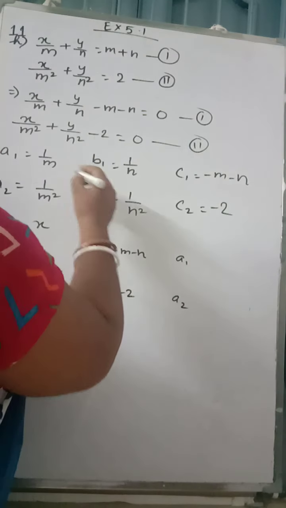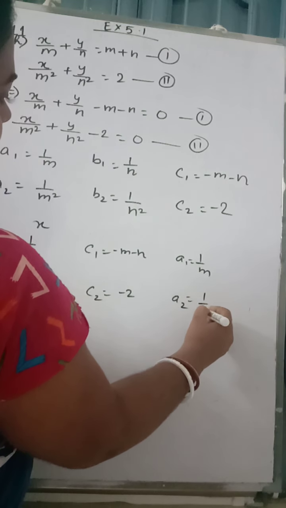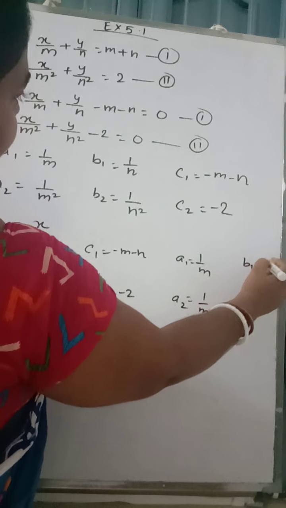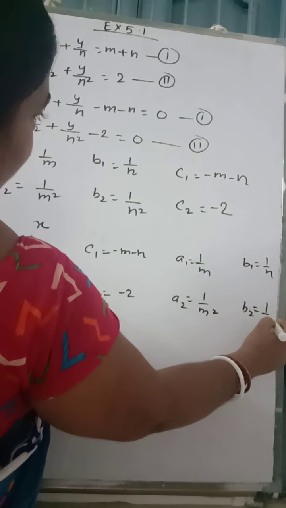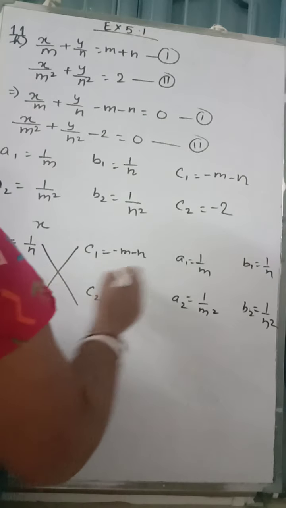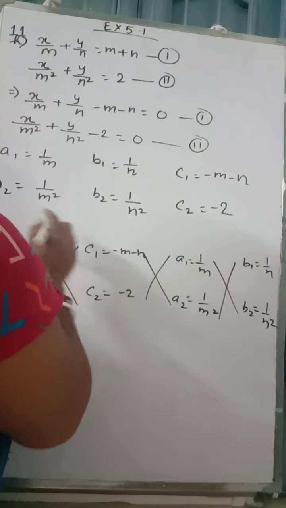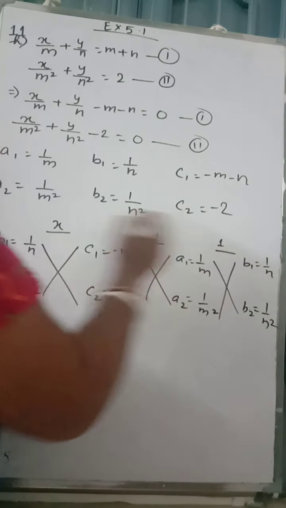Now a1 we have 1 by m, and a2 we have 1 by m square, and again b1 we have 1 by n, and b2 we have 1 by n square. There will be a cross multiplication. This is x by, this is y by, and this is 1 by.